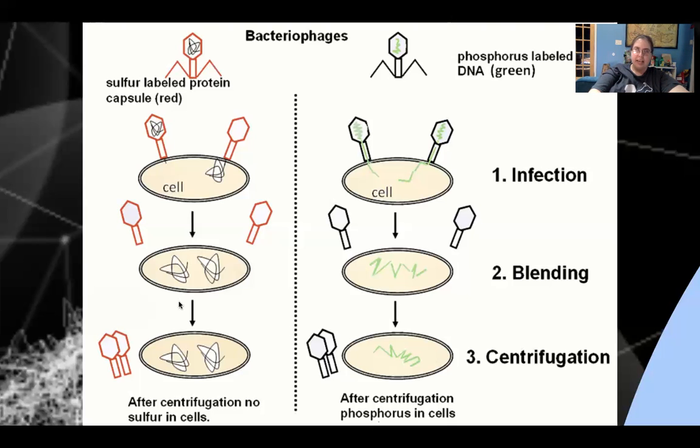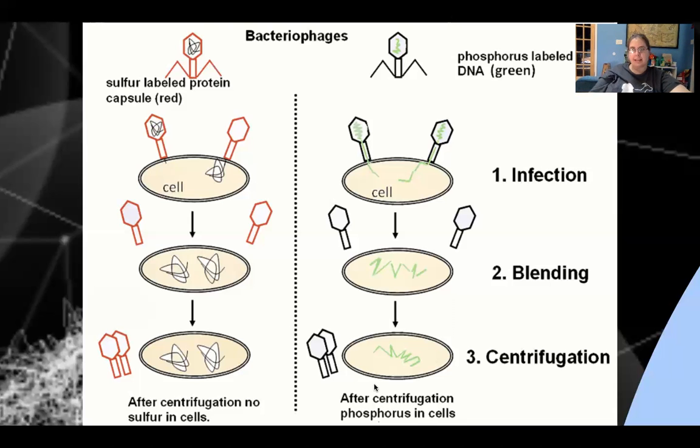They all stayed outside of the bacteria cells, which meant none of the proteins were injected into the host cells. When they tried this again with the bacteriophages where the DNA was tagged, they mixed them with the bacteria, allowed some time to infect the bacteria cells, and then tracked the radioactive tags. What they found is that a lot of the radioactive tags were now inside the bacteria cells.